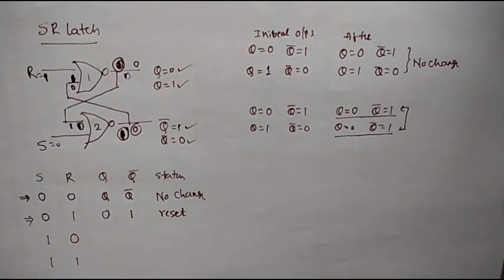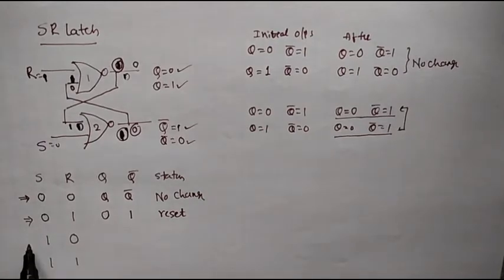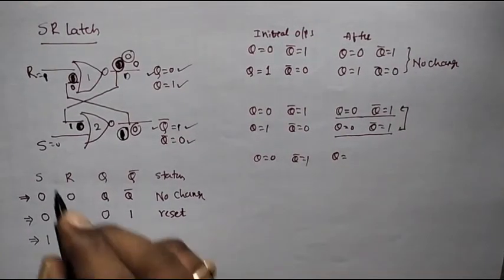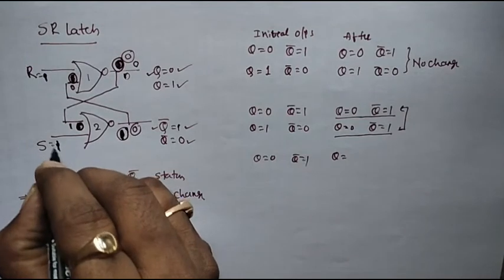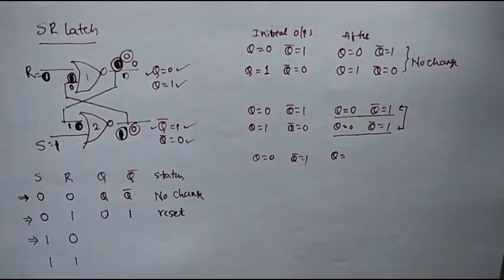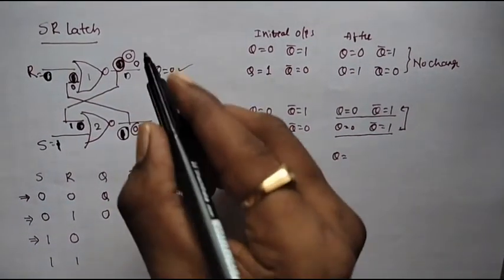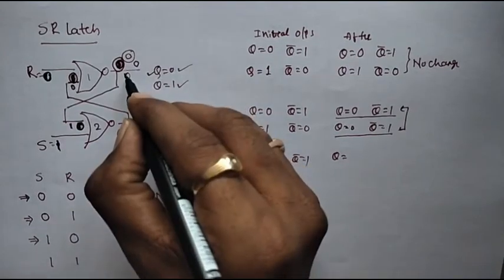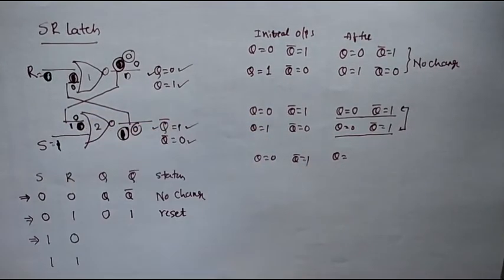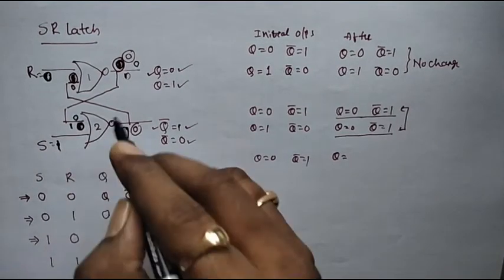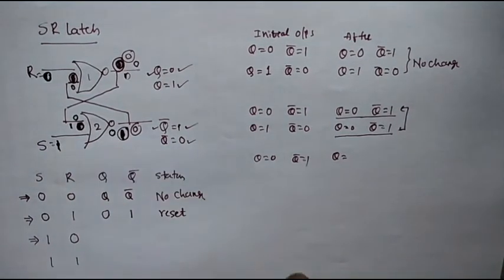Now let us consider another case where S is equal to 1 and R is equal to 0. Let's make S equal to 1 and R equal to 0. Initially assume Q equal to 0 and Q bar equal to 1. So when Q is 0 and Q bar is 1, 0 will appear here. 0 NOR with 1 produces output as 0.